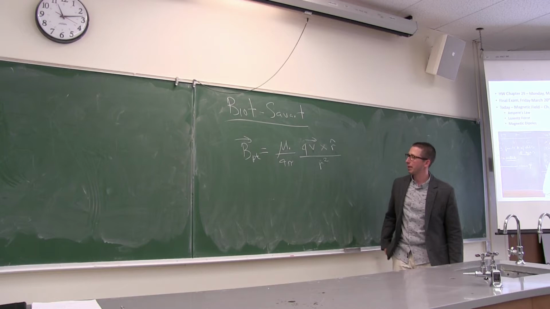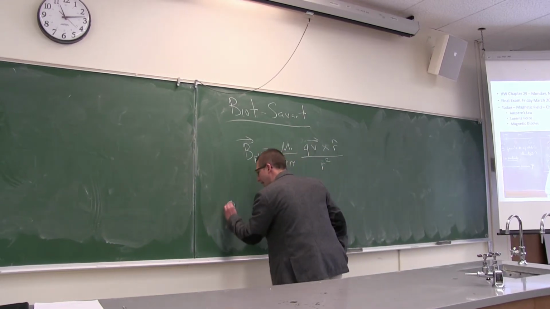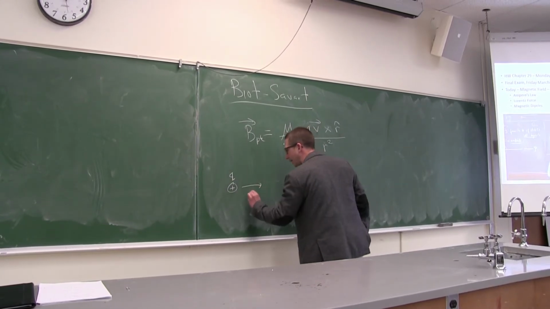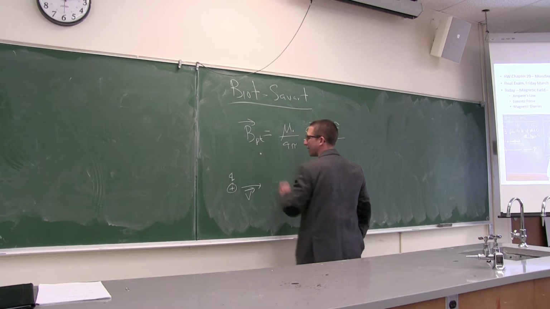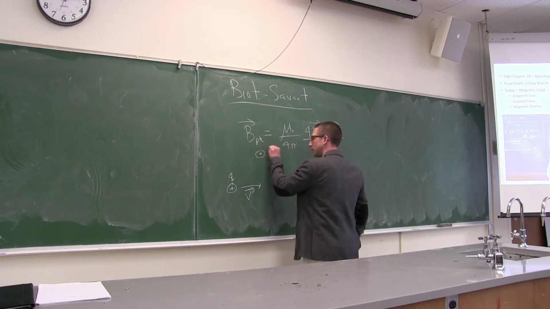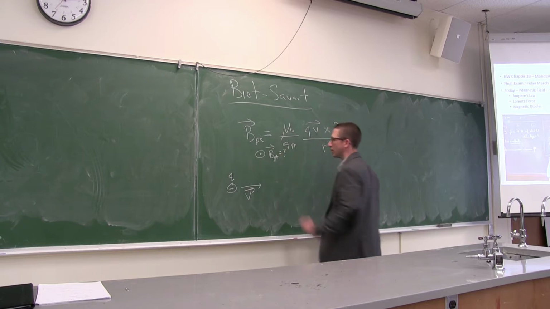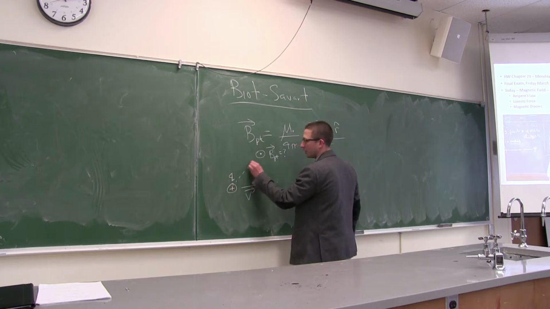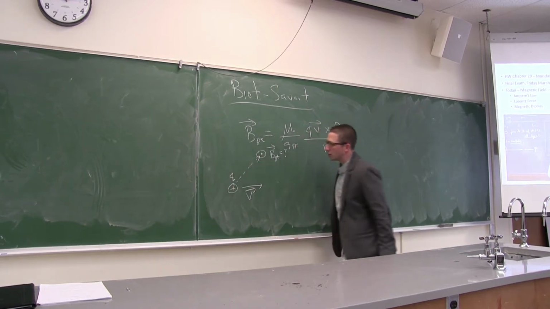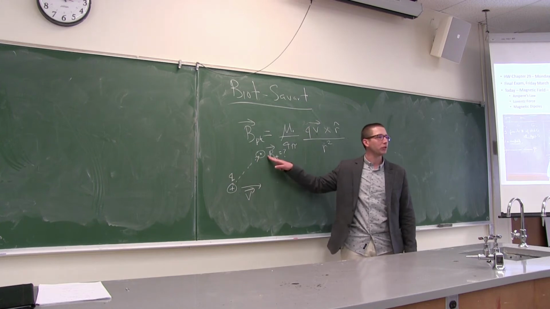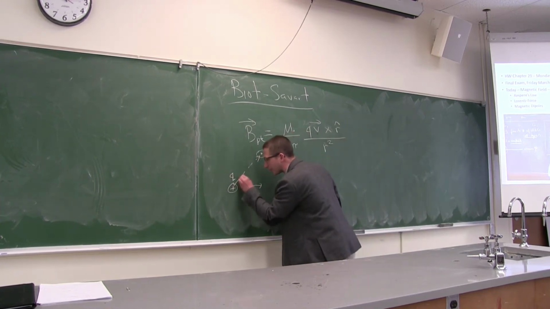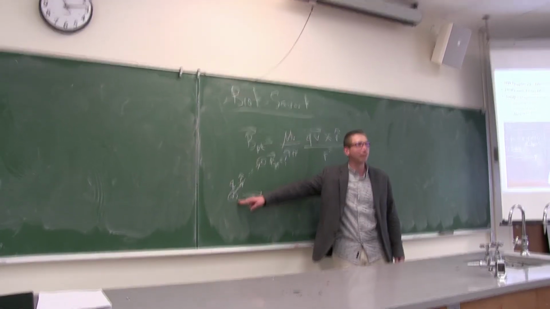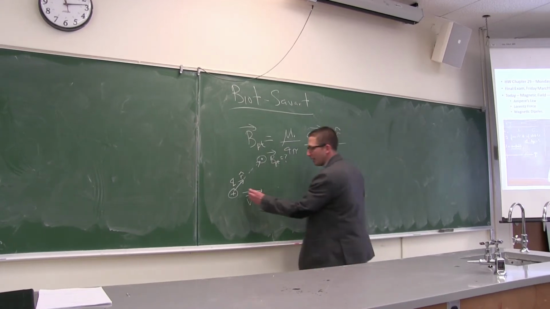So we drew a picture last day of a charge Q moving with speed v and finding the magnetic field at that point. Here's our R vector, which points from the charge to the point that you're interested in. And then R hat is just a unit vector that points from the positive charge to the point that you're interested in.